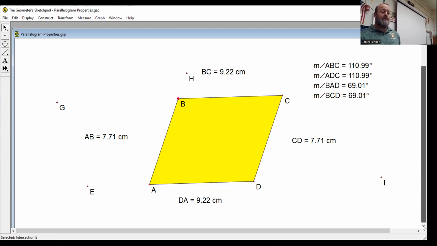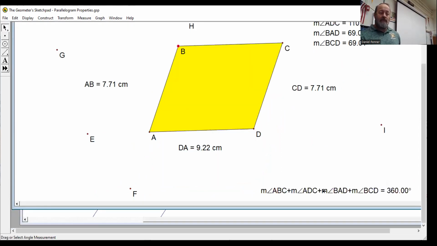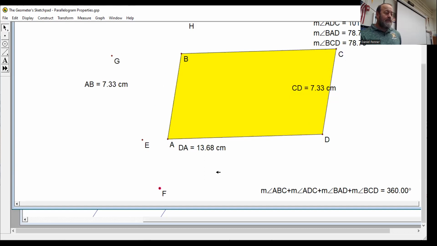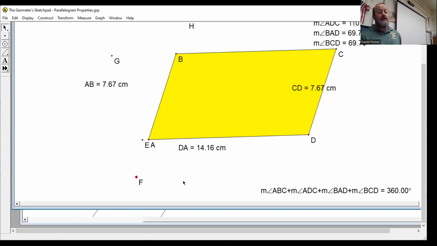I said, hey, computer, go find the sum of those four angles. It doesn't matter what I do, if I make the figure smaller, bigger, move it around, pivot it, all of these measures keep changing. But the one thing that never changes is that the sum is 360.